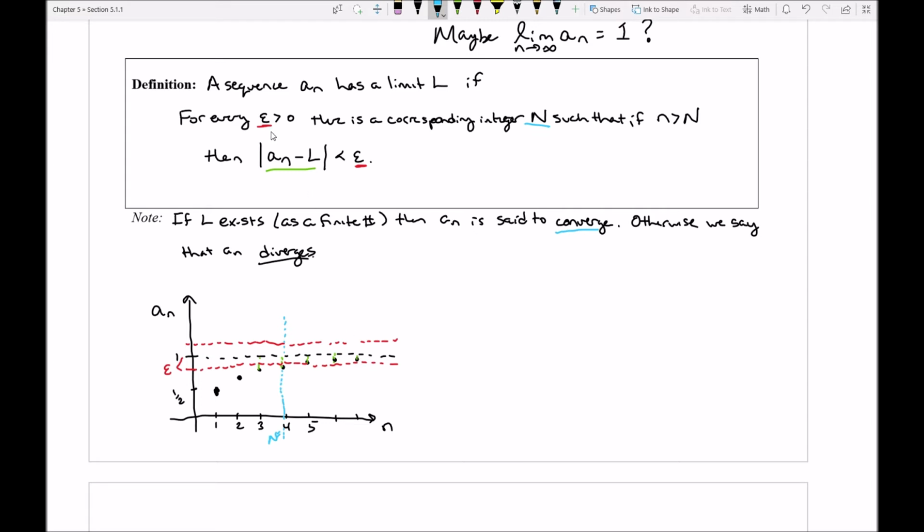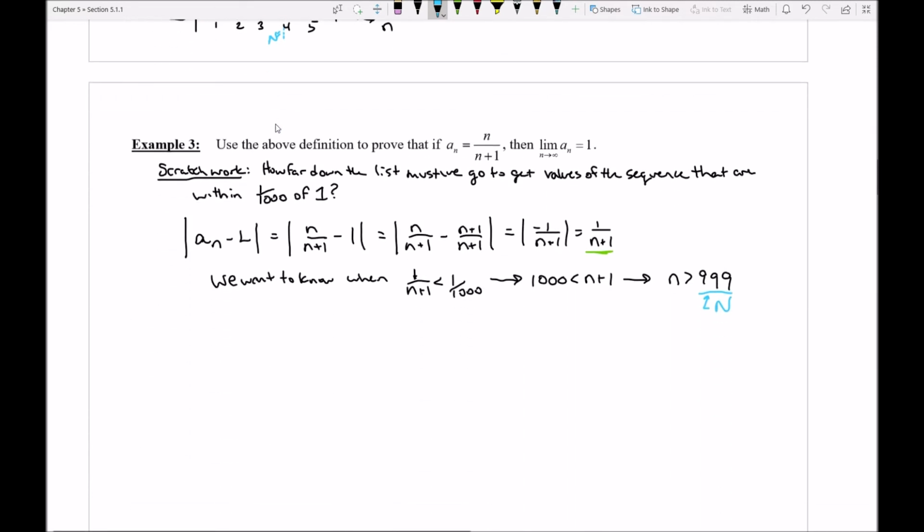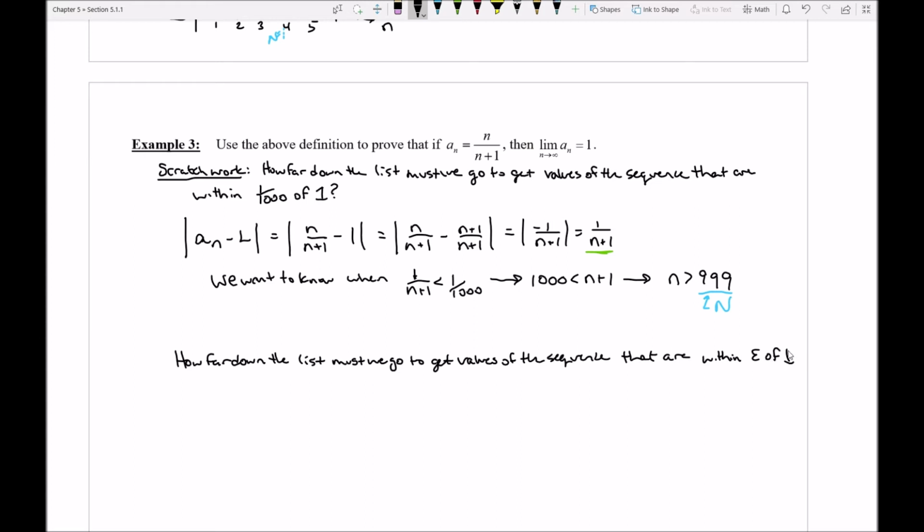So how about we try to redo this argument with the idea of an arbitrary epsilon. I'm going to go ahead and repose the question. How far down the list must we go to get values of the sequence that are within epsilon of 1?